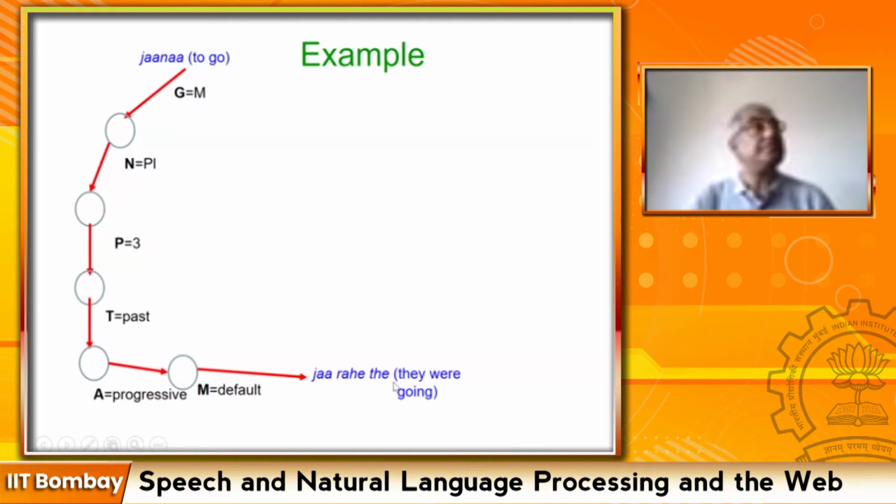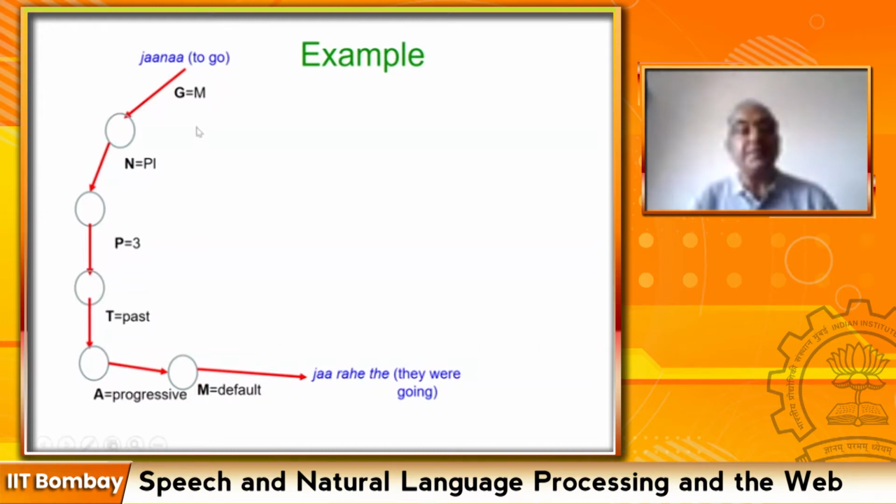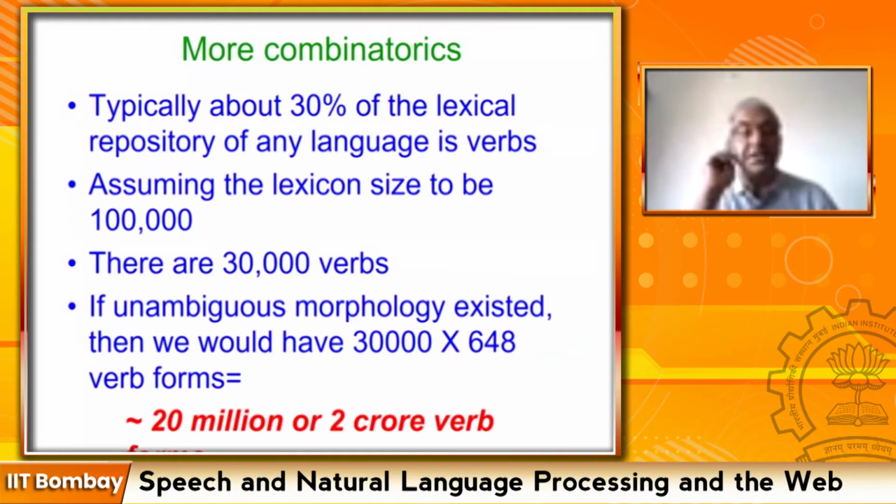This is the form I get from the root by operating according to these 6 factors. Okay, so now this way, if I follow the path from the root to the leaf, I can potentially have 648 into number of verbs forms.